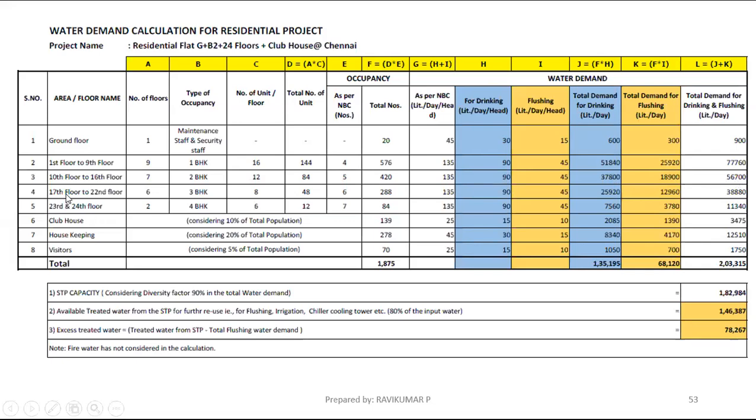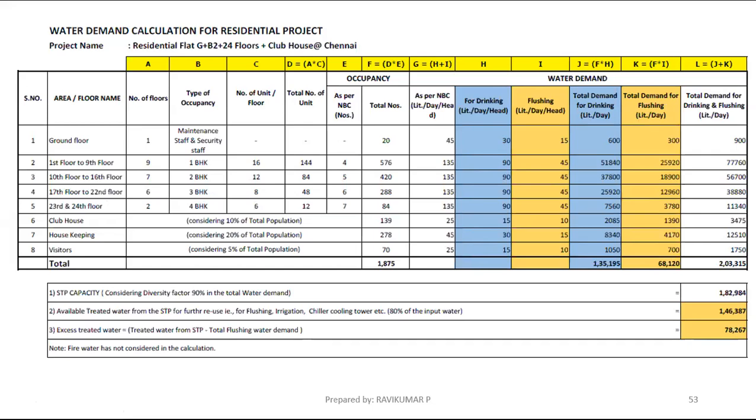Because from the 17th floor to the 22nd floor, 3 BHK will be there. How many floors? 17 to 22, 6 floors: 17, 18, 19, 20, 21, 22. In those 6 floors, each floor has only 3 BHK, not other BHKs. For the 3 BHK, there are 8 units on each floor.